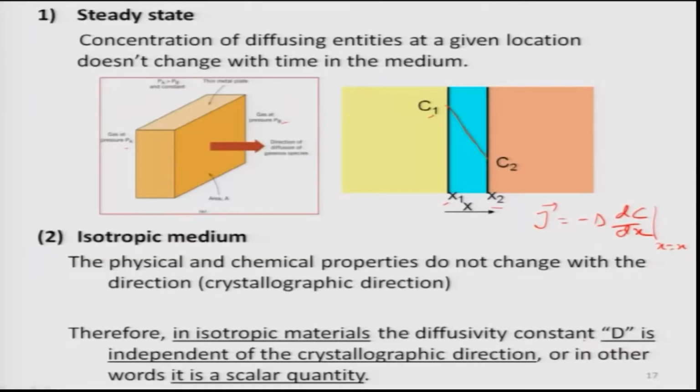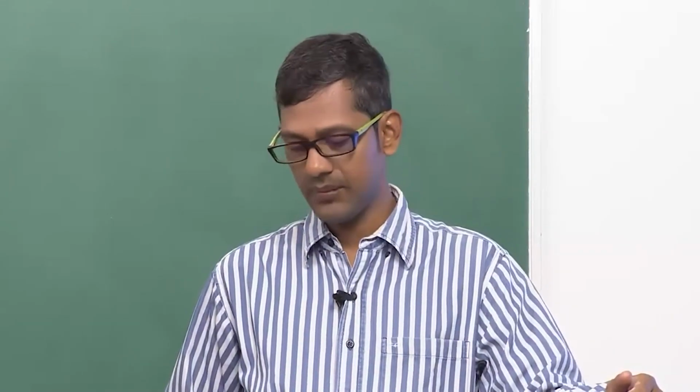In other words, D becomes a scalar quantity, independent of directions, x, y, z, anything. So, we can treat it like a scalar quantity, and we can also integrate because this is a differential form of equation, integration is very easy, and we get the total flux and all this stuff.